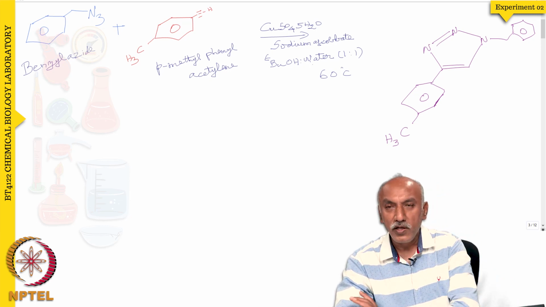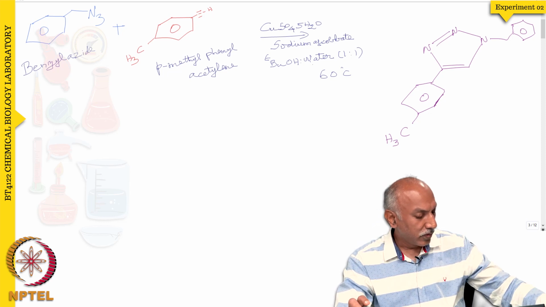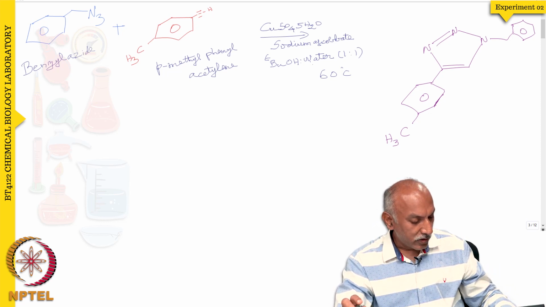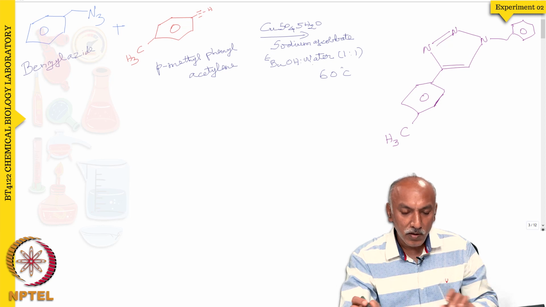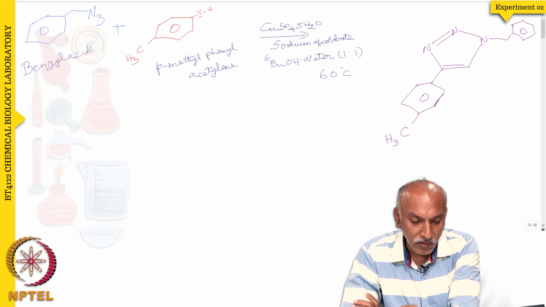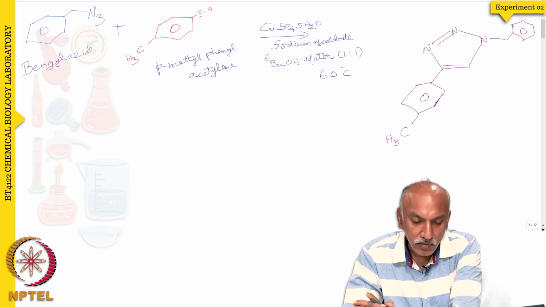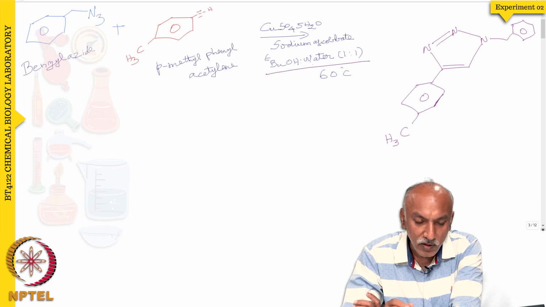So, the reaction is very easy. In a reaction flask you take both the reactants in tertiary butanol and water. The mixture of tertiary butanol and water is important because they are miscible, and tertiary butanol solubilizes the organic compounds, while water helps in solubilizing the copper sulphate and making the reaction medium.